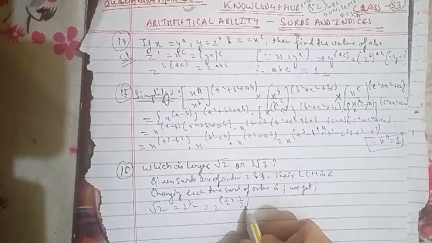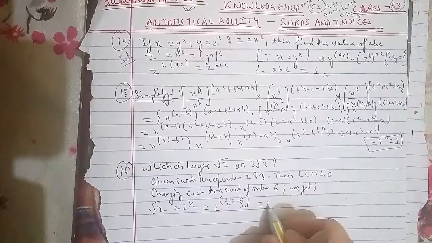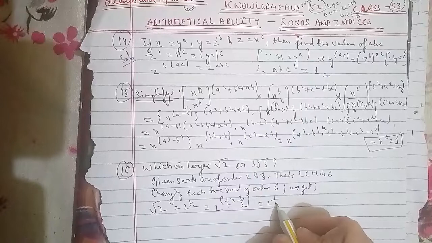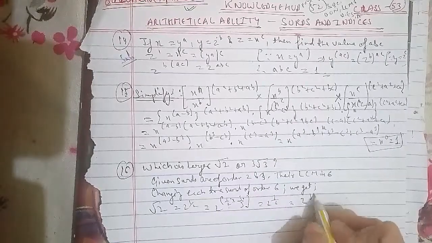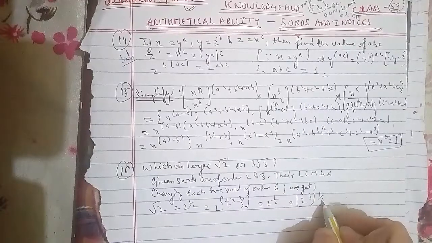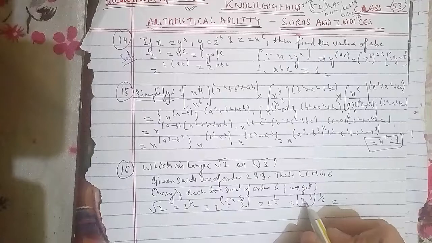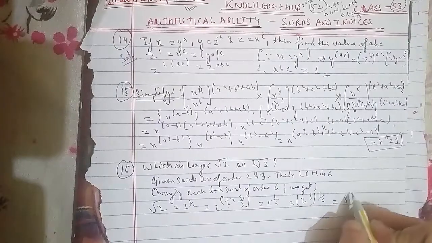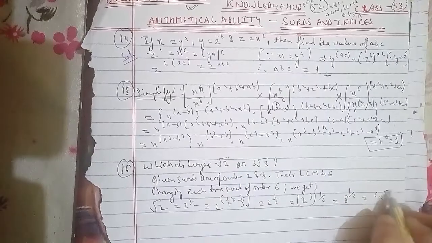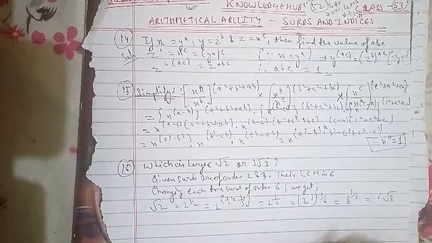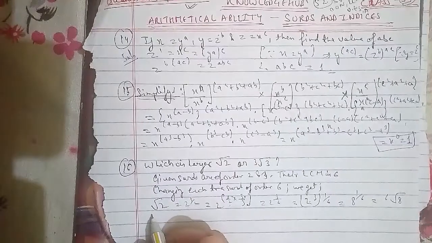Okay, that has been represented. Now we'll solve for the other one, which is the cube root of 3 equals 3^(1/3), equals 3^(1/3) into 2/2, equals 3^(2/6), which is (3^2)^(1/6), that is equals 9^(1/6), equals the sixth root of 9 that we have here.